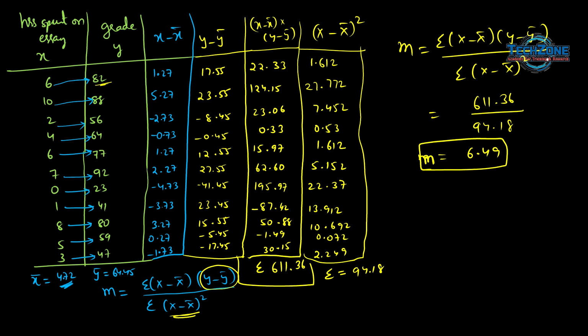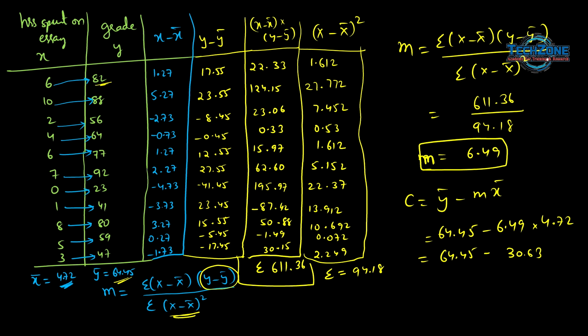Now how should we find the value of c? C is y bar minus m into x bar, isn't it? We know the value of y bar, the average of y, 64.45, minus the value of m, which we just calculated as 6.49, multiplied by x bar, 4.72.